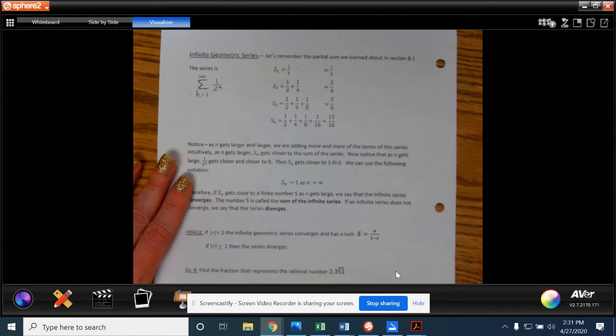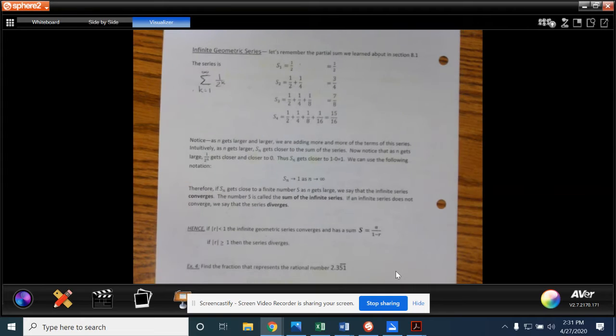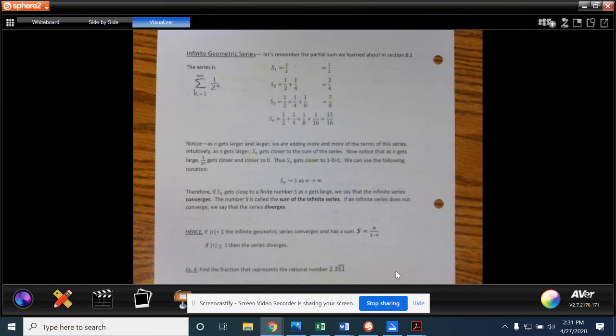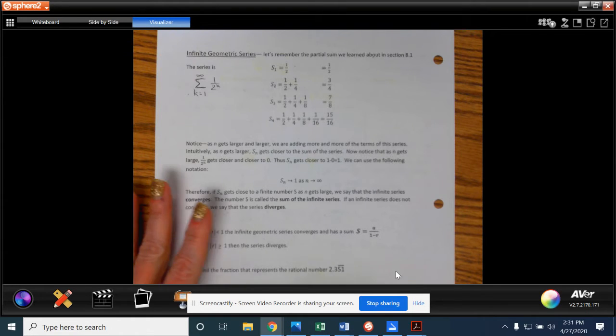We now get to deal with what is called infinite geometric series. So infinite means that it's a partial sum. We learned about that. But infinite is when it either goes towards what is called converges or diverges. So let's just look at this first series. It was given.